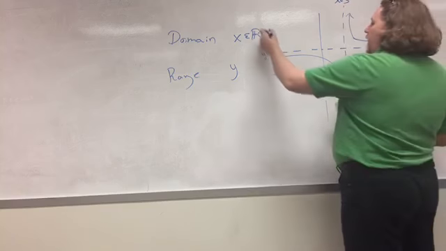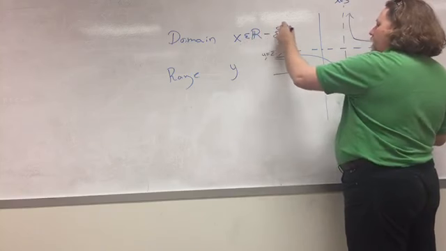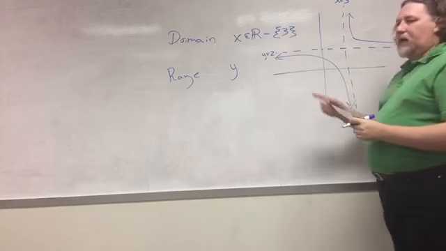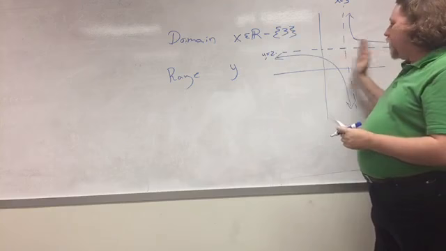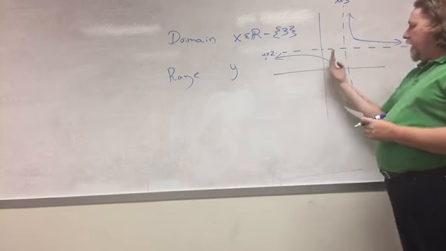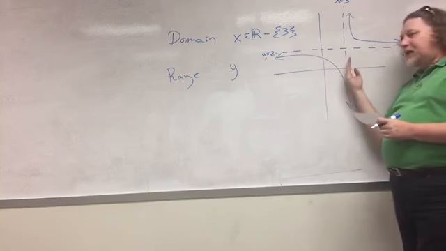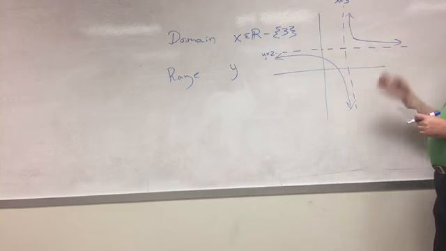And so the way we say that is x is all real numbers except 3. X is all real numbers except the number 3 because x jumps over. We can follow this graph to negative infinity. We can follow it up to 3, but we can't quite reach 3. But if we jump over 3 and keep going, we can go all the way over to infinity.